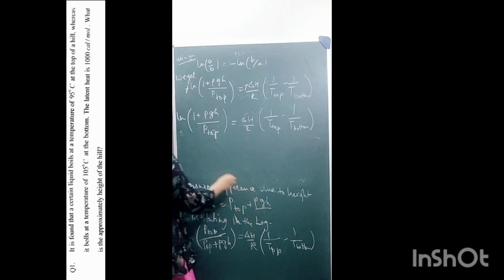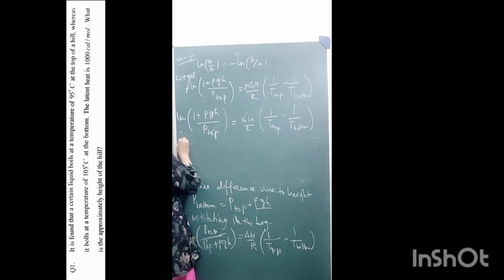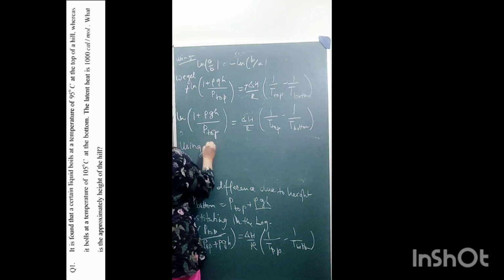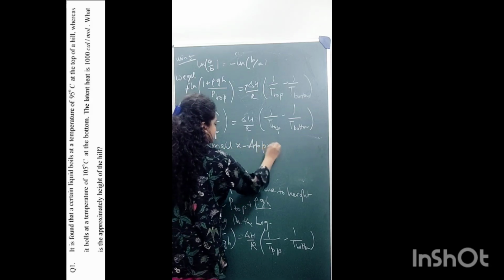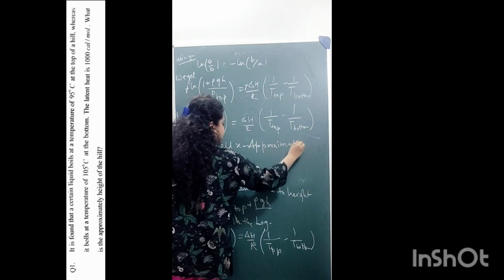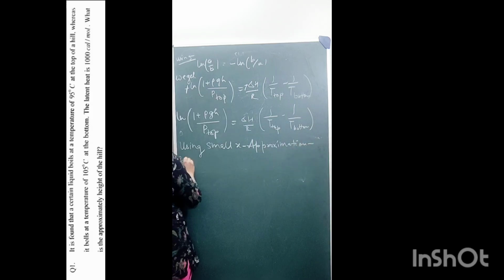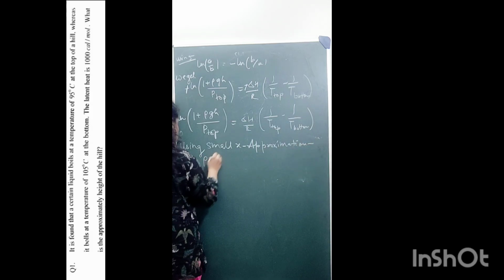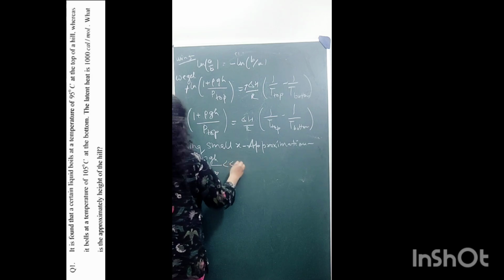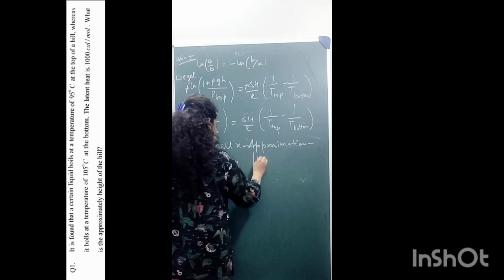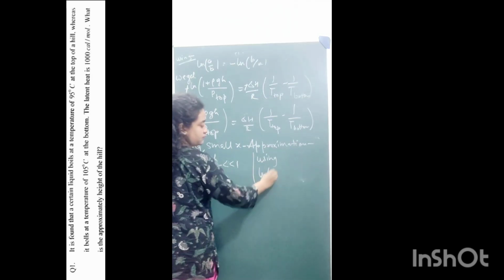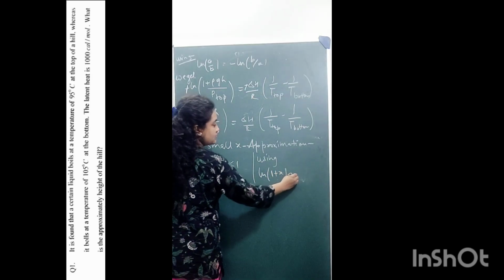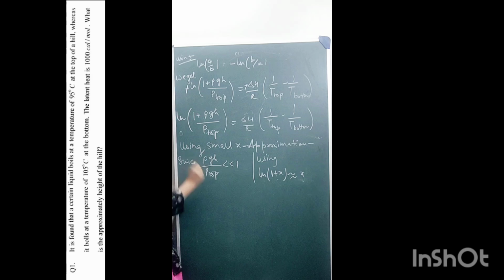Okay. So I will take the small x approximation. Rho gH by P top is very much less than 1. So I will use one log property, that is ln of 1 plus x is approximately equal to x. I will use this property over here.